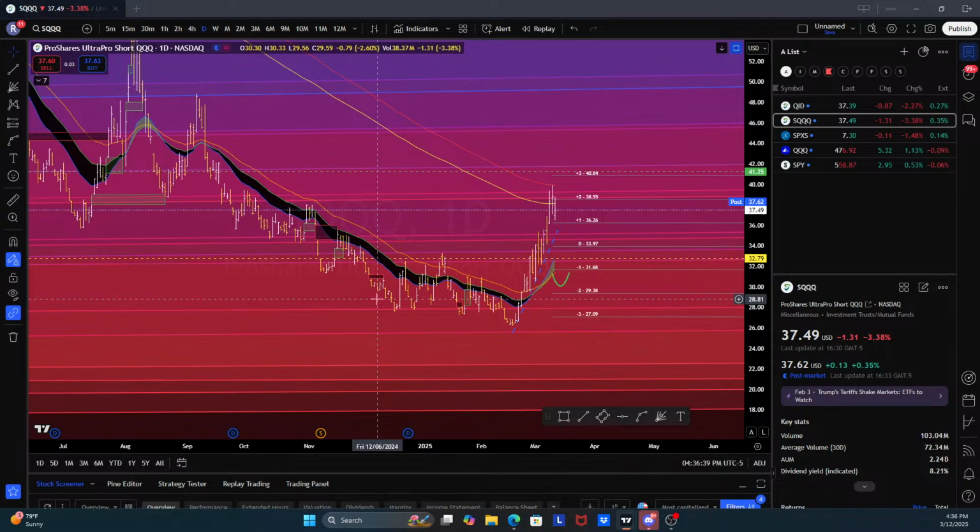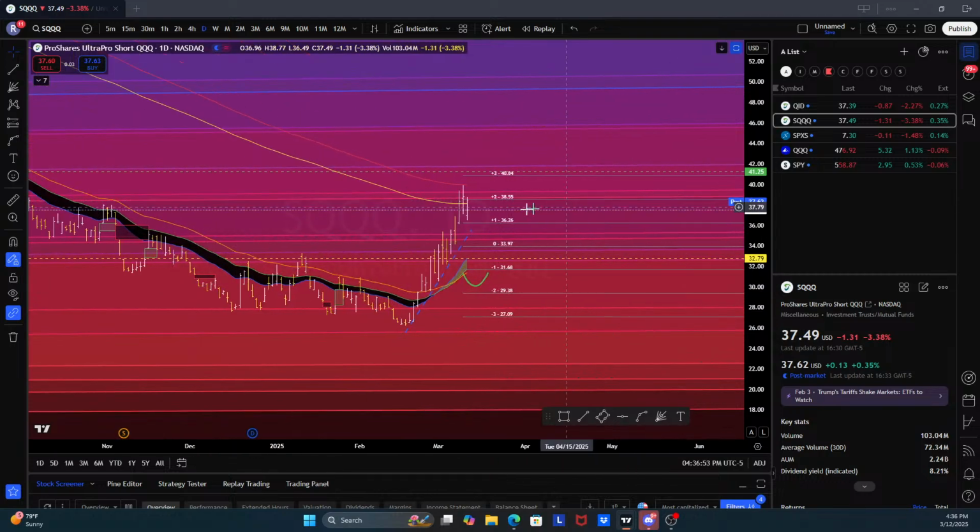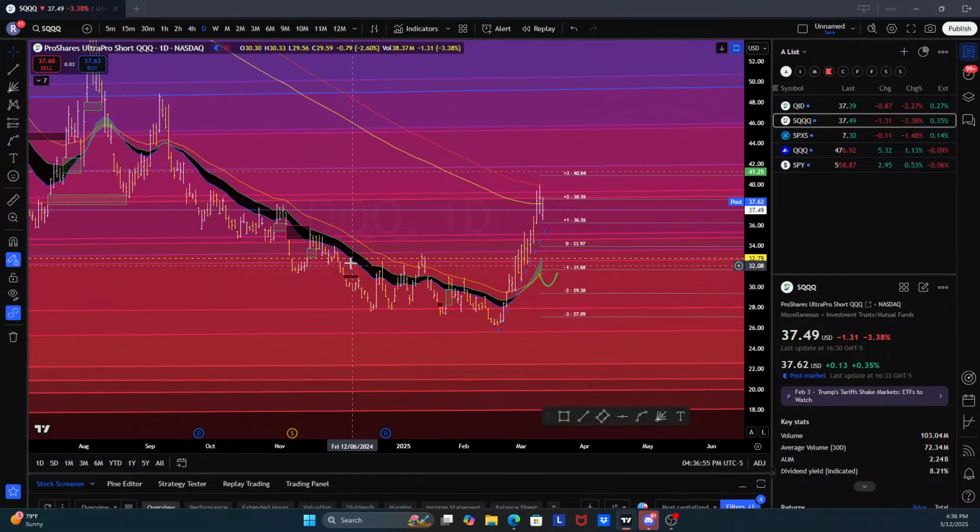I'm on the Discord and I'm talking about breaking down SQQQ and being able to read my Gann fan levels and use them to trade SPY and the QQQs and things of that nature. But yeah, this is where we saw a lot of chop action, and I've been saying we needed the market to pull in one direction or the other.